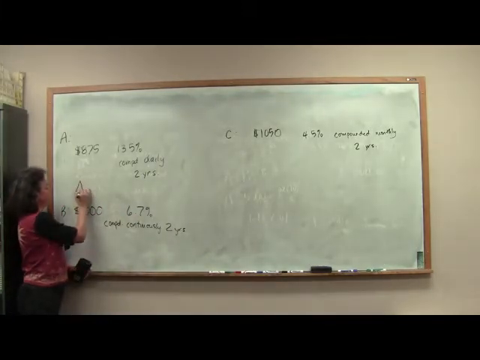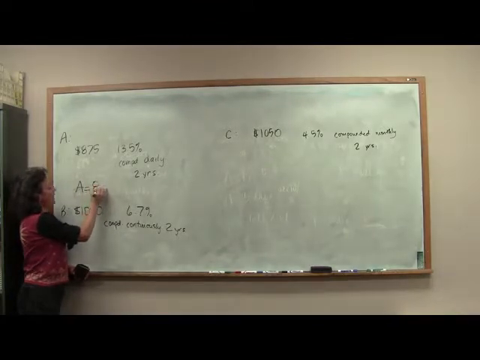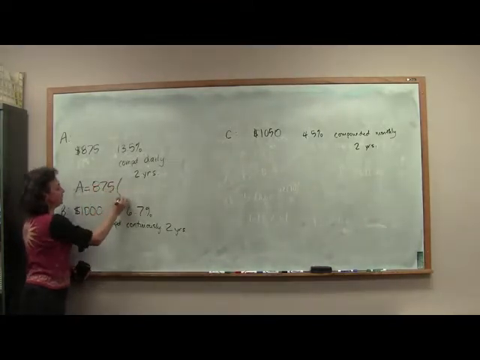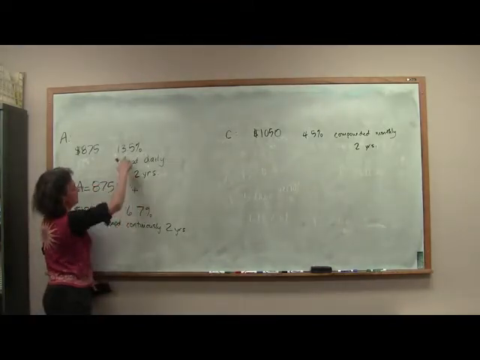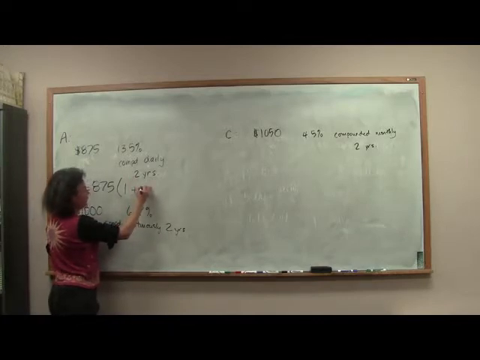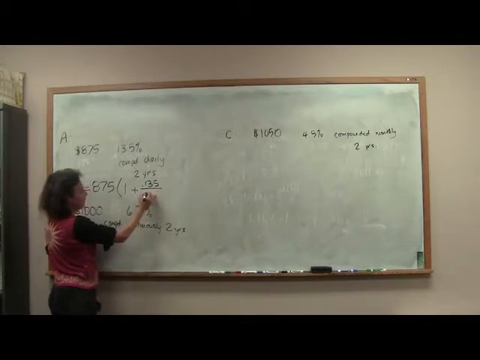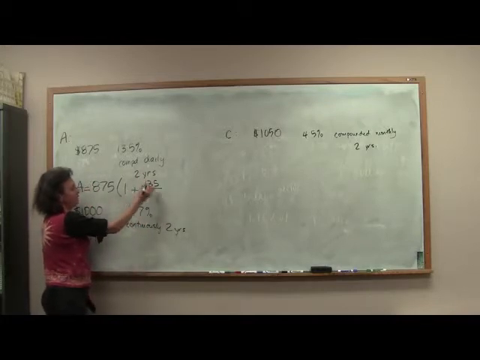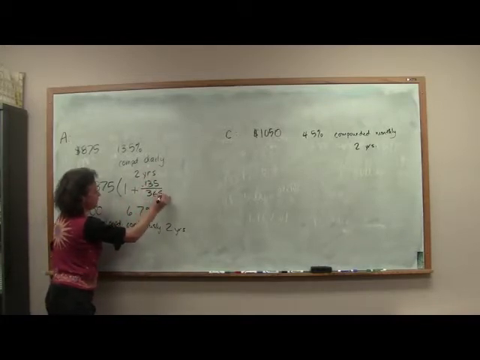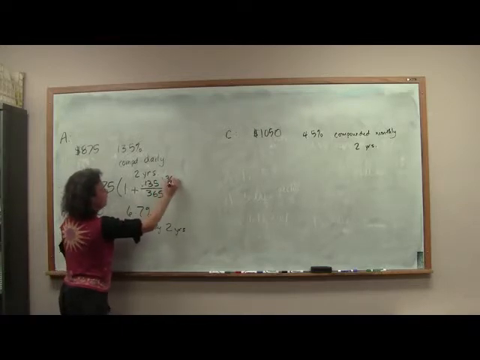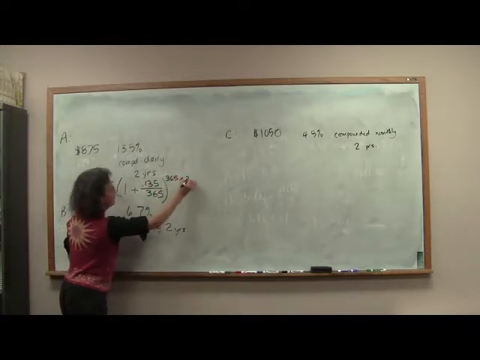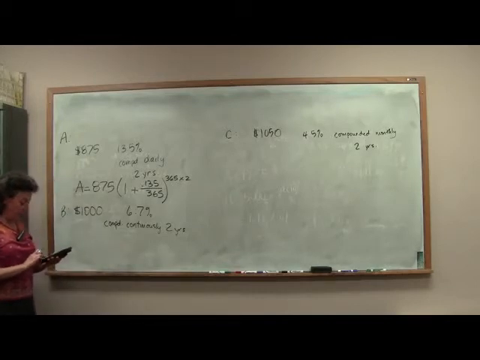This will be fun. Well, A is our principal, 1 plus the rate, which is just crazy, 0.135, over, what is our n? Since it's compounded daily, it's 365, and this is raised to the 365 times second power.